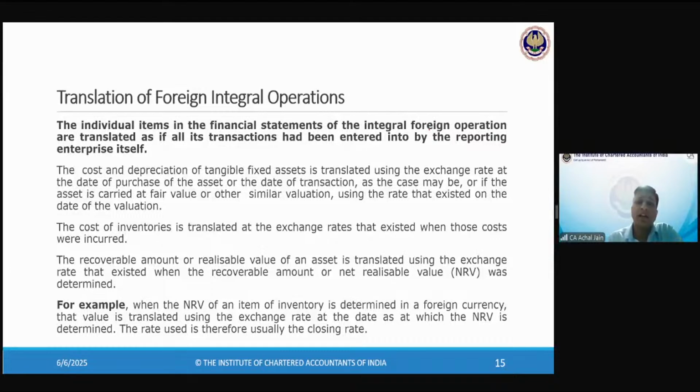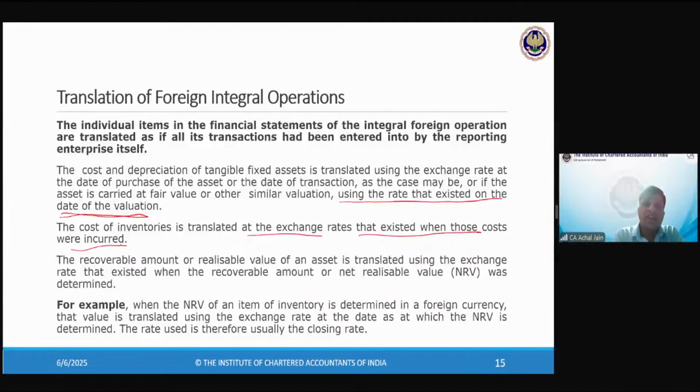If there's a valuation of the asset, you will translate that using the rate that existed on the date of valuation. Cost of inventories is translated at the exchange rates that existed when these costs were incurred, meaning on the purchase date.